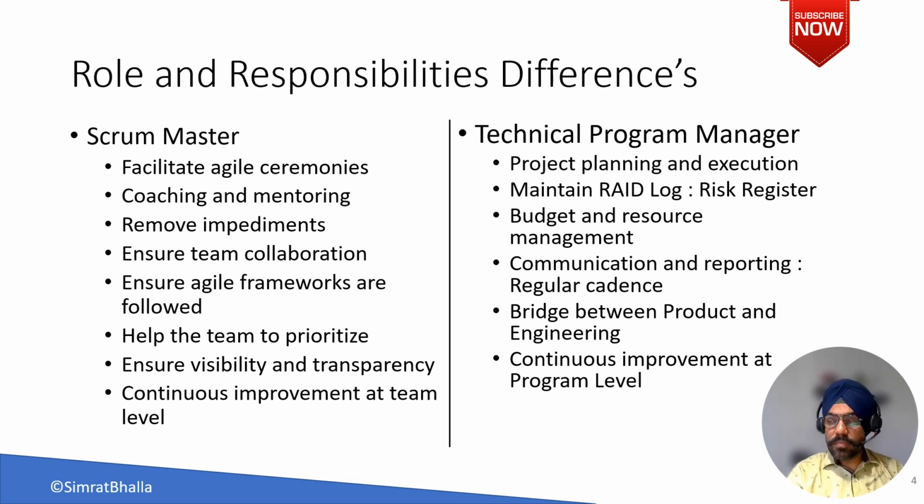However, the TPM requires at least, I would say, 10 to 15 years of experience, sometimes 12 to 16. It depends upon what type of program you're running. It needs more experience because TPM interacts more with business, senior leadership, and all the teams. So TPM, I would say, is a more matured and bigger role as compared to Scrum Master, and that's why TPM gets paid more as well.